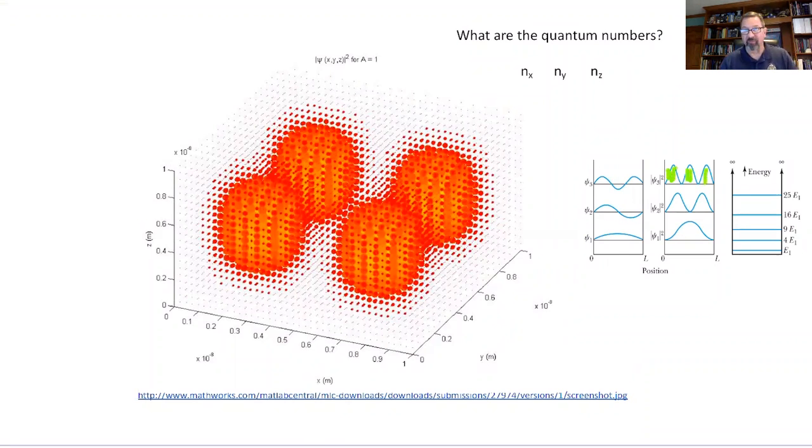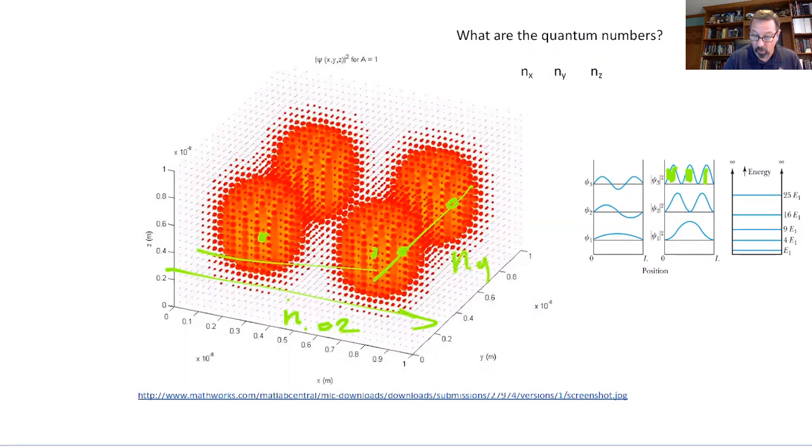And maybe you go down to 50% on either side, and hopefully you can see what the state is. Look first along the x direction, and it looks like I got two probable positions along the x direction. So that would be nx or n1 equal to 2. Along the y direction, I also have 2.